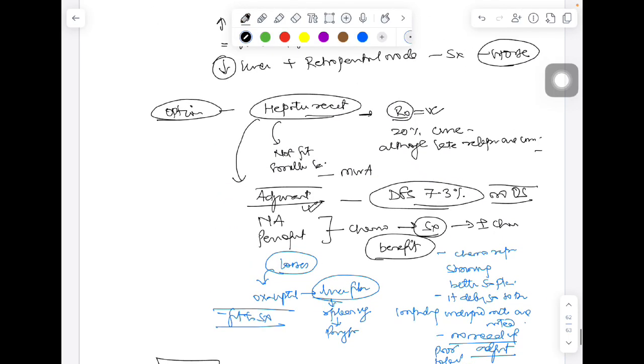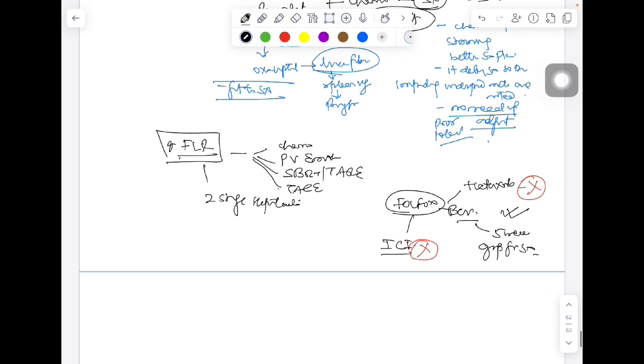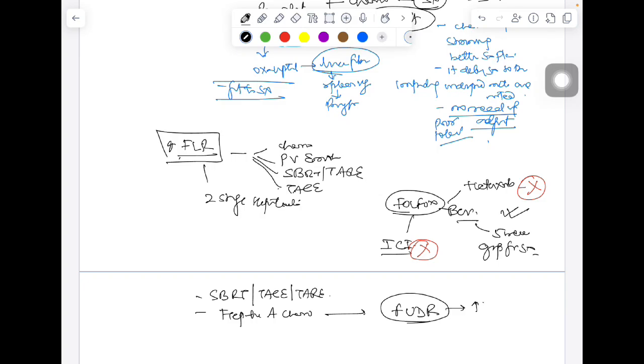So we discussed the resection and adjuncts to the resection. But what if resection is not possible? We can go SBRT, TACE, TARE, radioembolization, or we can go for hepatic artery chemo. FUDR is the drug which has very high first-pass metabolism in the liver and converts to 5-FU.